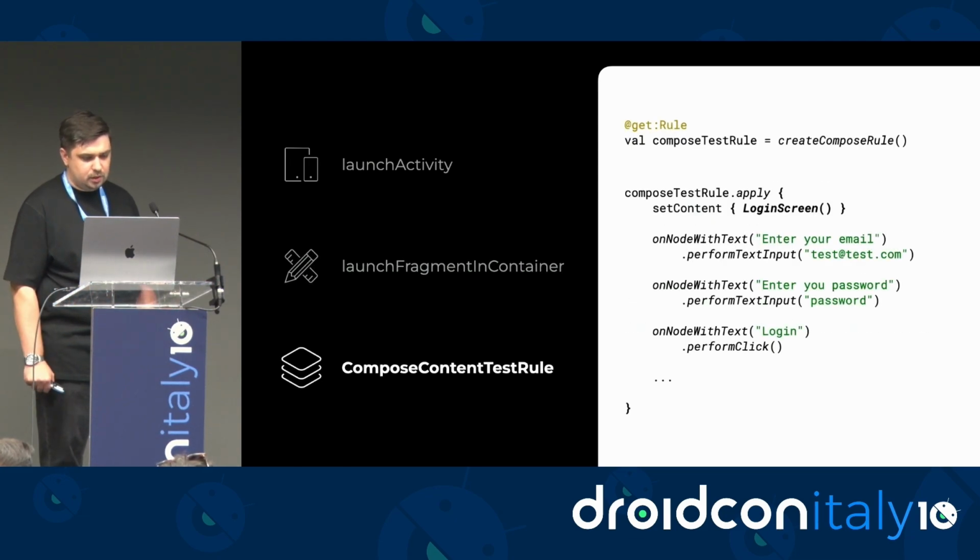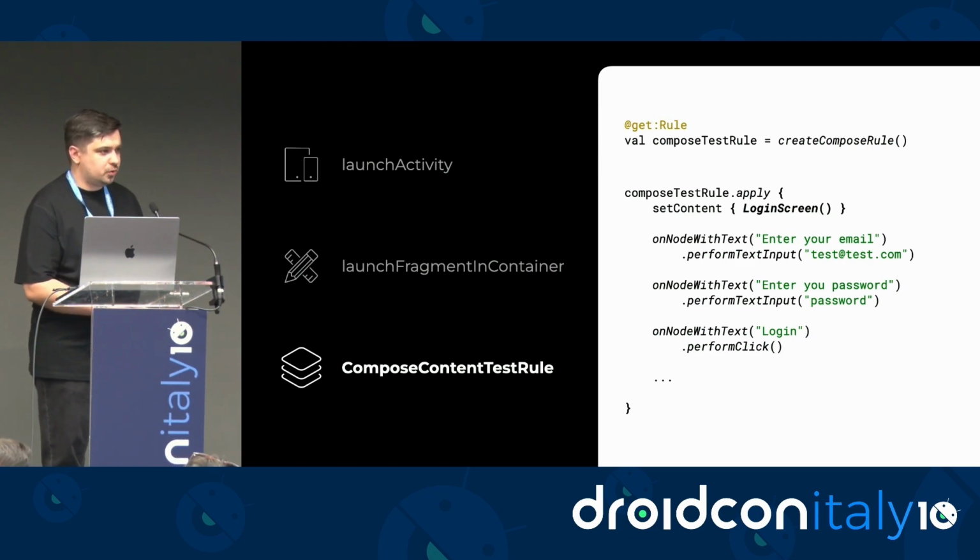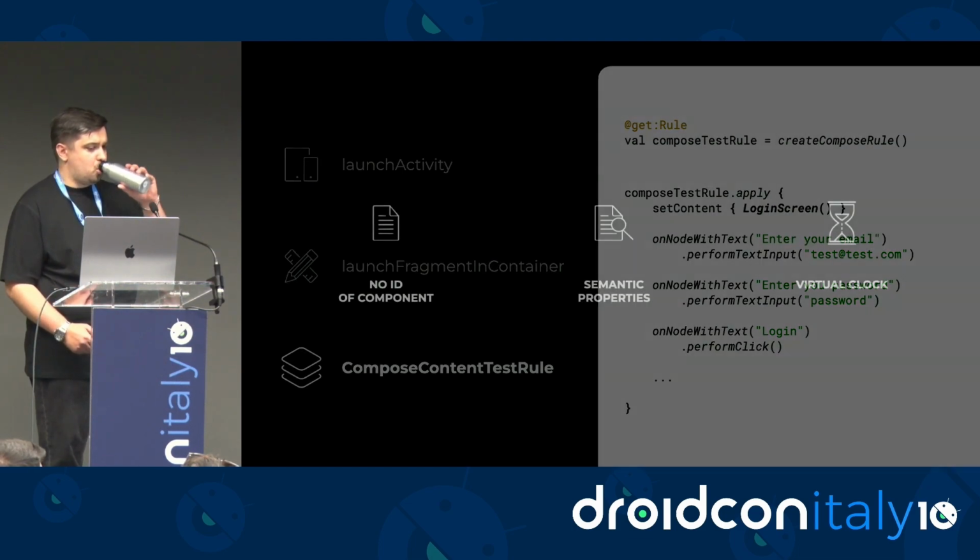And we have composable functions. Of course, they also should be tested, and ideally in isolation when it's possible. For that, we have a couple of rules, and one of them is the compose test rule. The compose test rule allows us to test a composable function in isolation. We can test a screen, we can test any specific component.